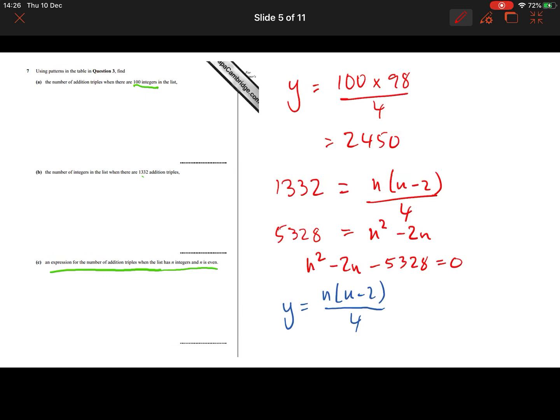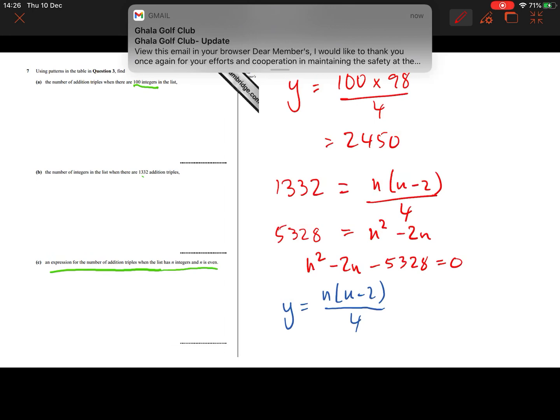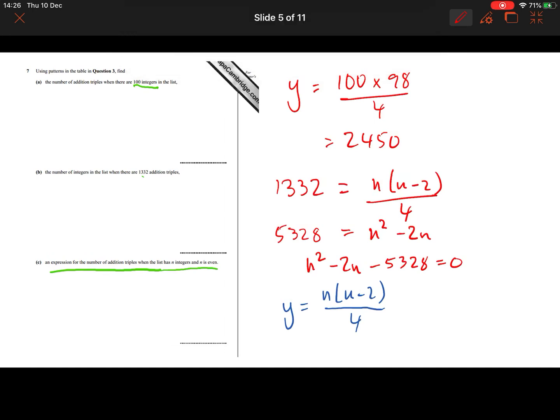You have a calculator, so you can use the solver in your calculator for this. I'm just going to put it in now. So I want F2 for polynomial. You should remember how to do this. Degree 2 because it's quadratic. A is equal to 1. B is equal to negative 2. C is equal to minus 5328.